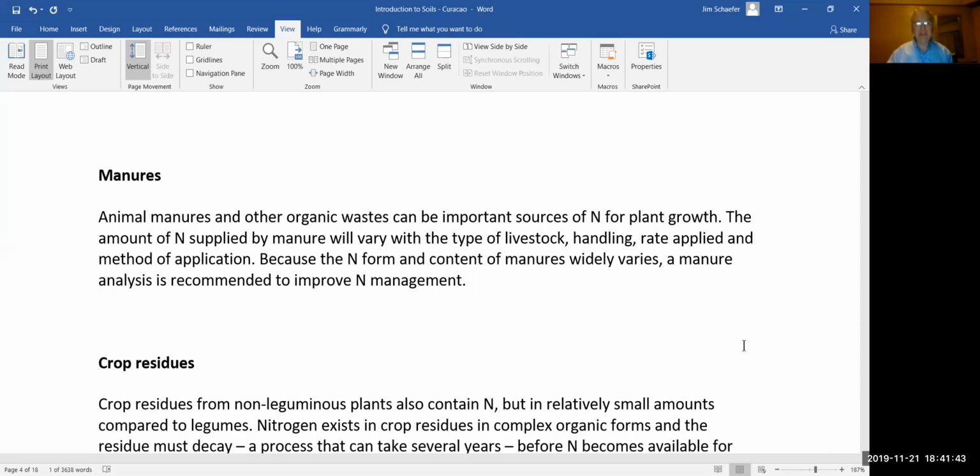But briefly, just to introduce the concept of nitrogen, animal manure and other waste can be important sources of nitrogen for plant growth.